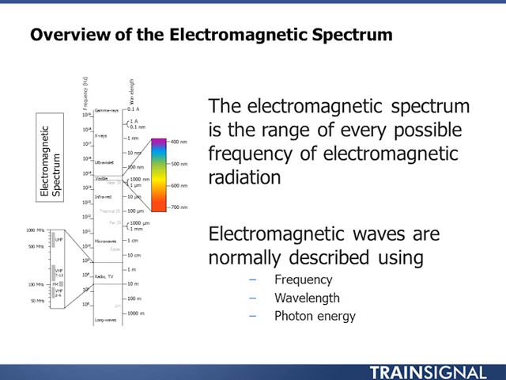Up at the higher frequency levels, when we're talking about gamma rays and X-rays, ultraviolet, visible, infrared, we tend to talk in terms of wavelengths, but they're actually related. So the higher the frequency, the smaller the wavelength. The lower the frequency, the greater the wavelength.